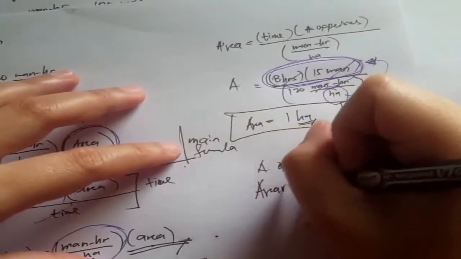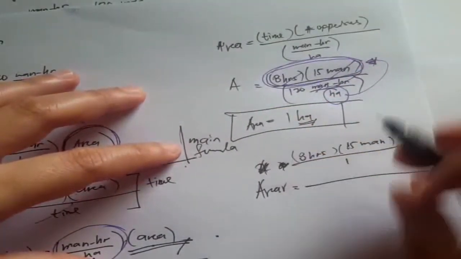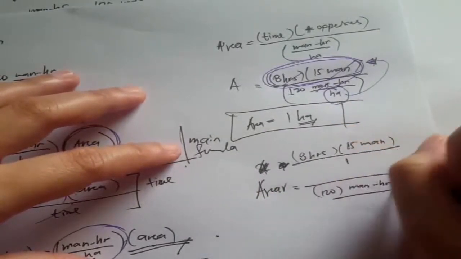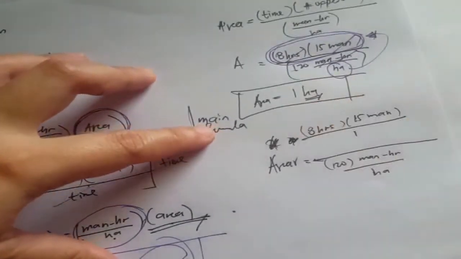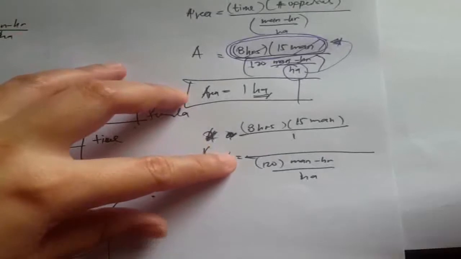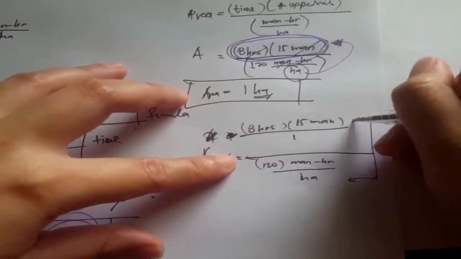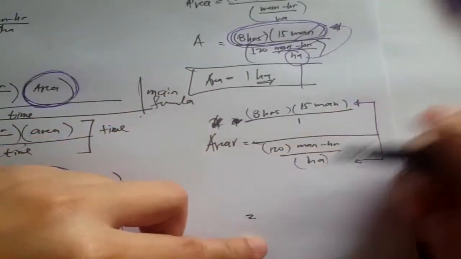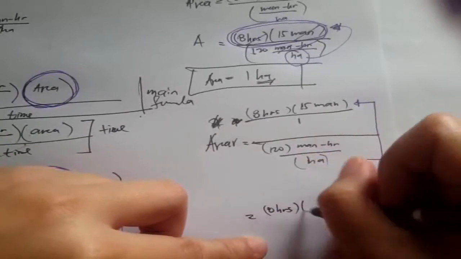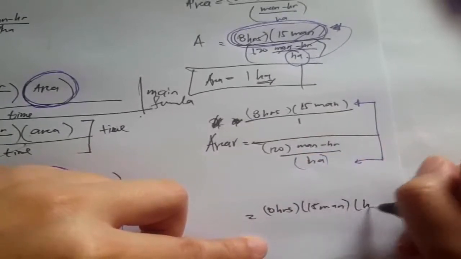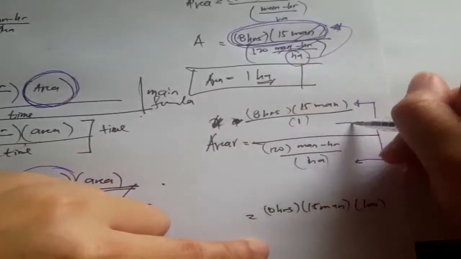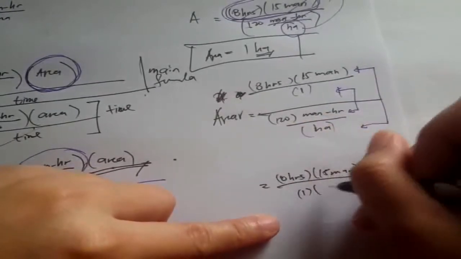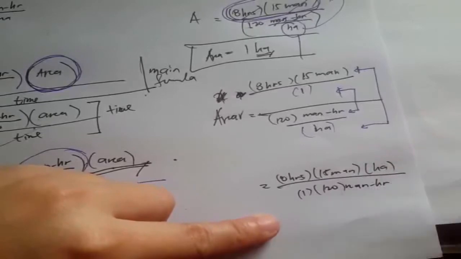All over this 120 man-hour per hectare. From this, you can perform your algebra: 8 hours times 15 men times hectare in the numerator, and your denominator is 1 times 120 man-hour.